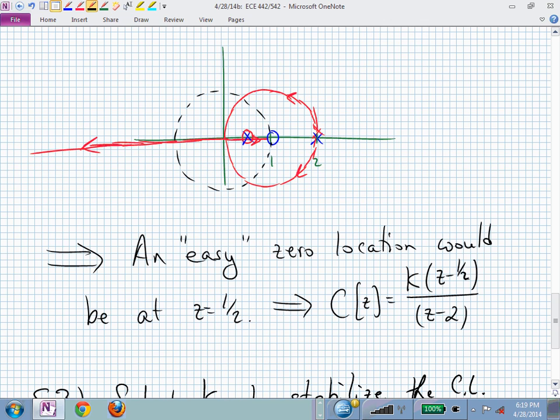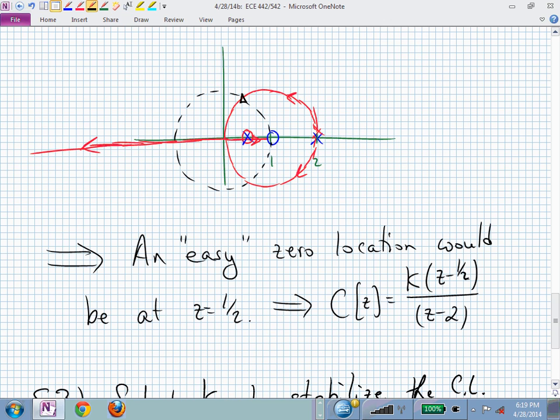Meaning we need to make sure that our gain K, how many branches of the root locus do we have? Now, effectively, theoretically we have 3, don't we? Because we have 3 poles, but 1 is essentially locked down at z = 1/2 because of that 0. We now have a pole that we forced at z = 1/2.